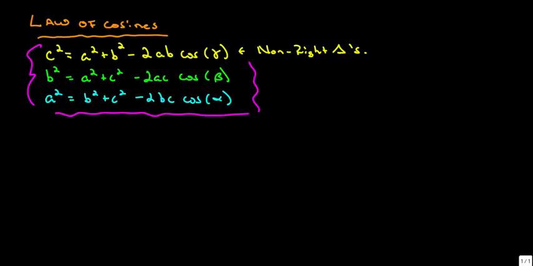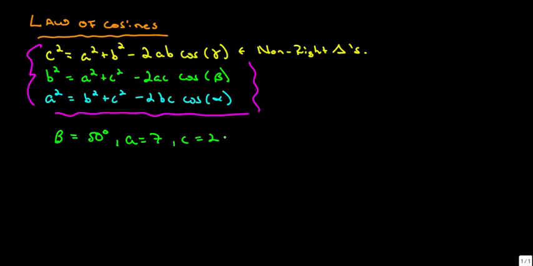Let's say, for example, you're given a triangle with the following dimensions, and you want to solve for the remaining sides. So let's grab a different color here. Let's say you're given that beta is equal to 50 degrees, A is 7, and C is 2.